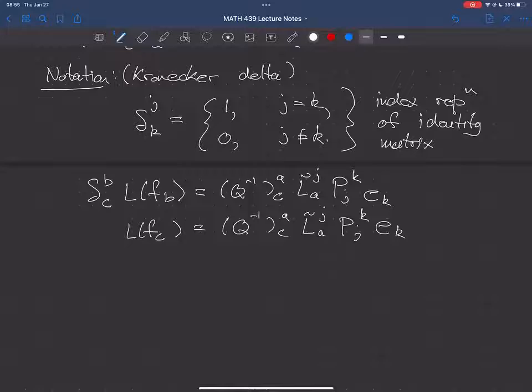Now I'm almost done, because I know what L of FC is. L of FC is LC, and I'm just going to use the definition of the matrix representative in the basis, the untilted basis. And so I get this.